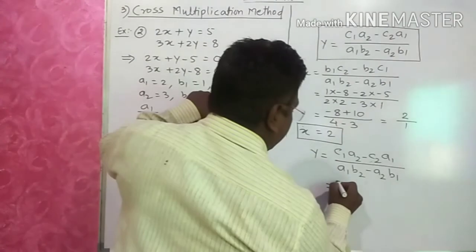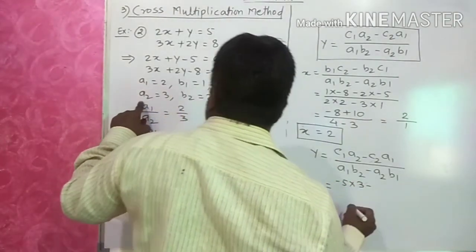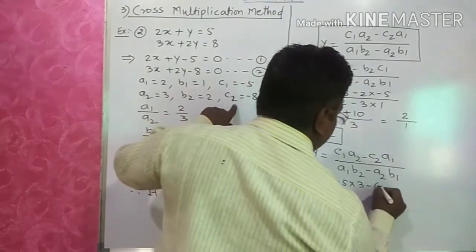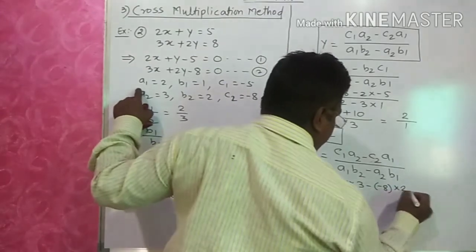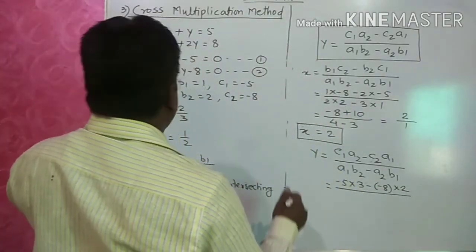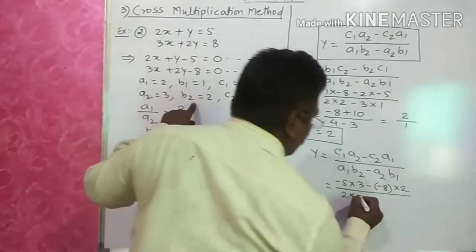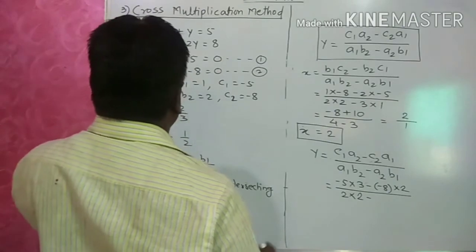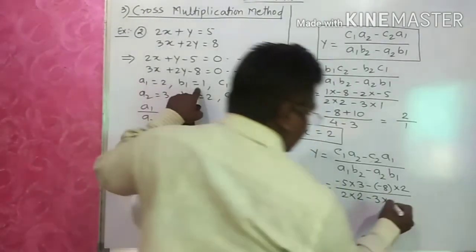C1 minus 5 into A2 3, minus C2 minus 8 into A1 2, by A1 2 into B2 2 minus A2 3 into B1 1.